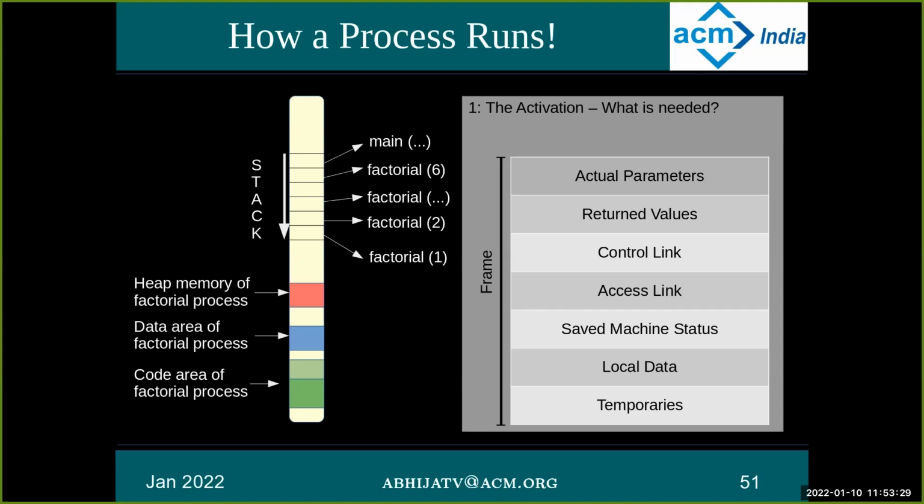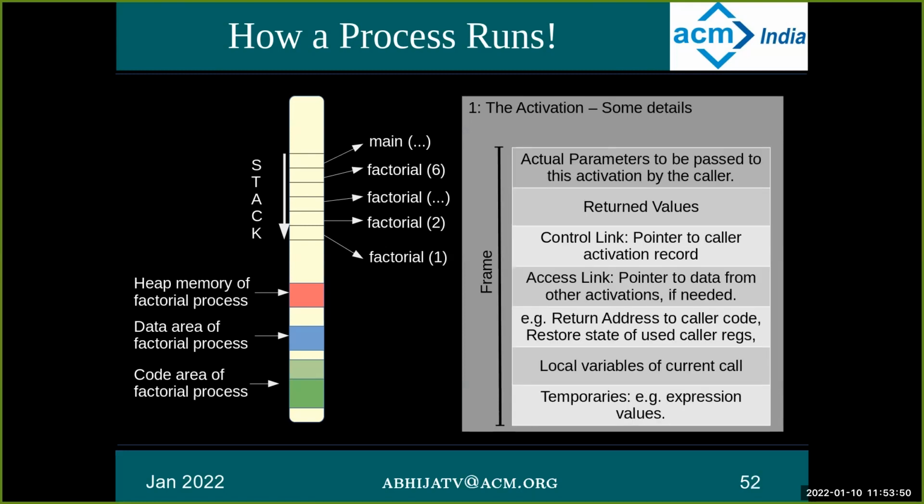So what does the activation contain? It contains the information that is shown like this on your screen. Actual parameters, return value, control link, access link, saved machine status, local data, temporaries. These are the various kinds of information that are there. Let's quickly have some examples about what these pieces of information are.